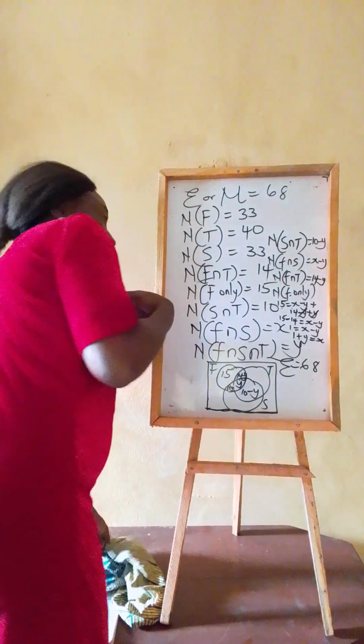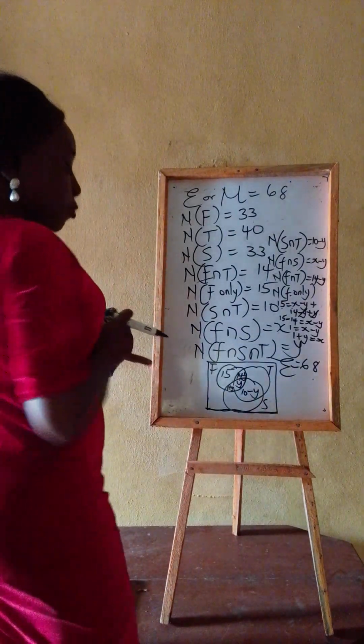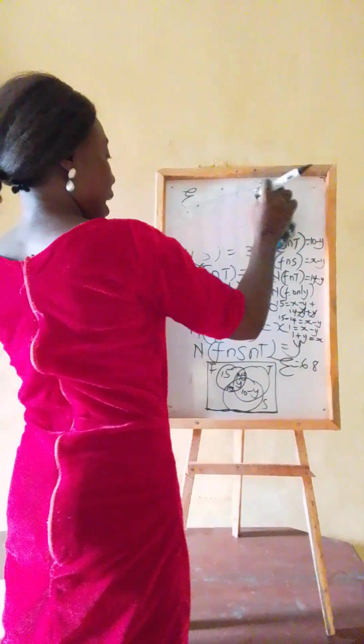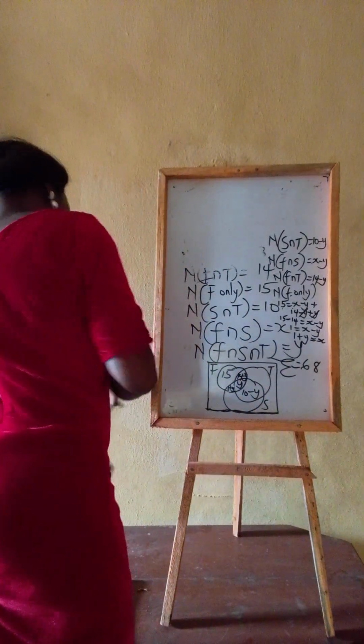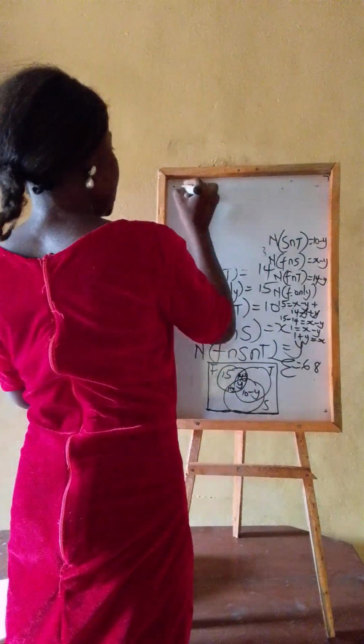So the next thing to do is to calculate for the rest. T only and also S only. T only and X only.